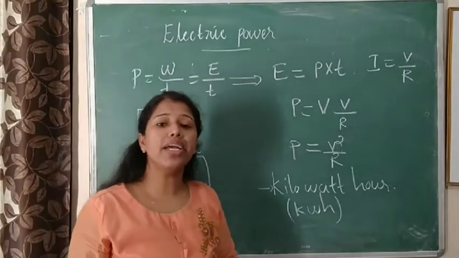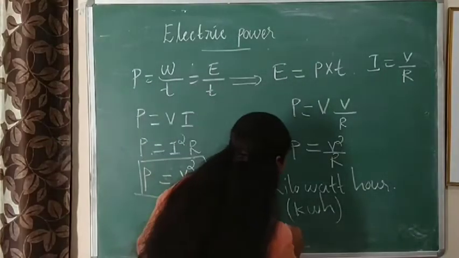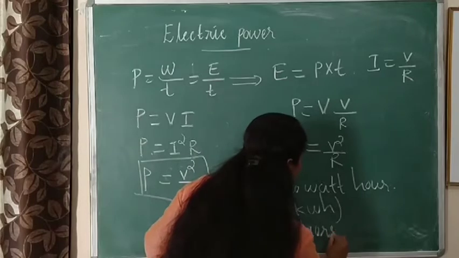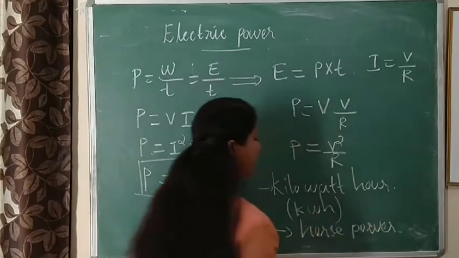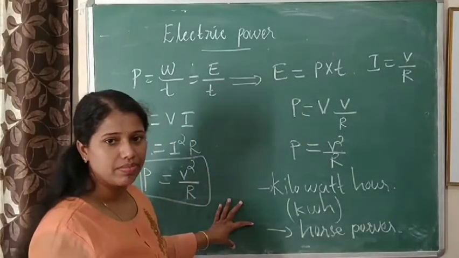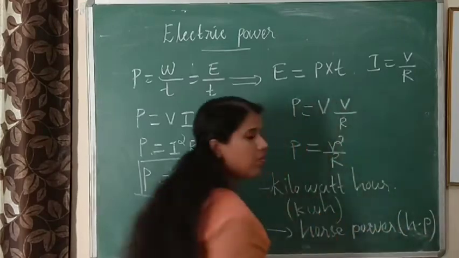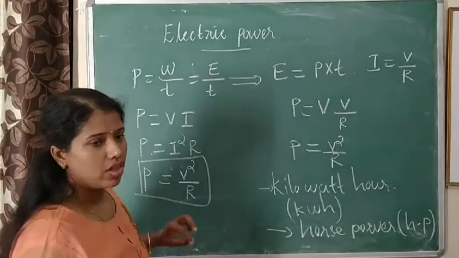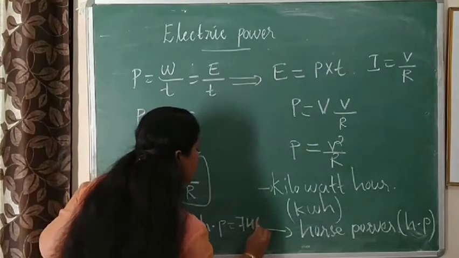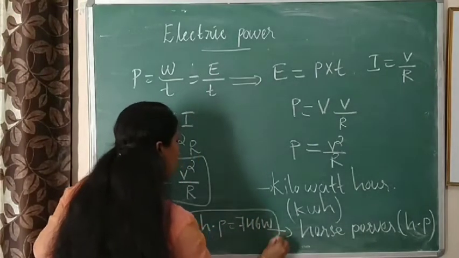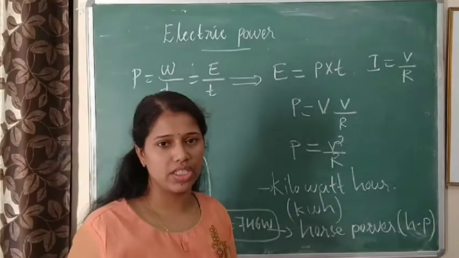What is the practical unit of energy? Horsepower, which some textbooks write as H.P. 1 horsepower is equal to 746 watt.